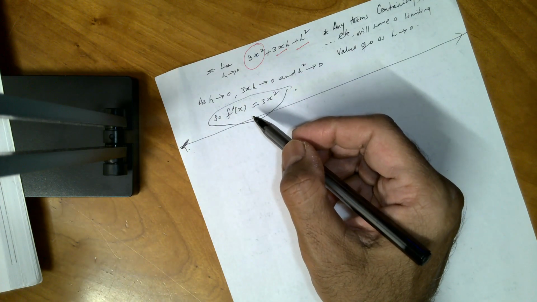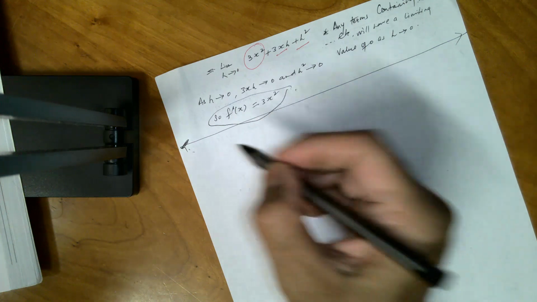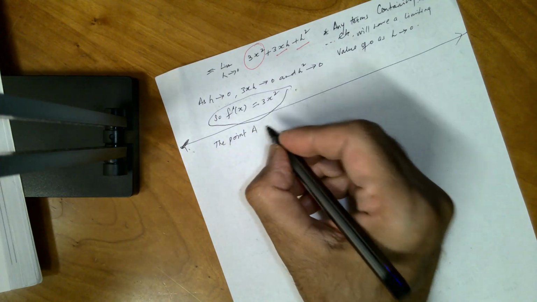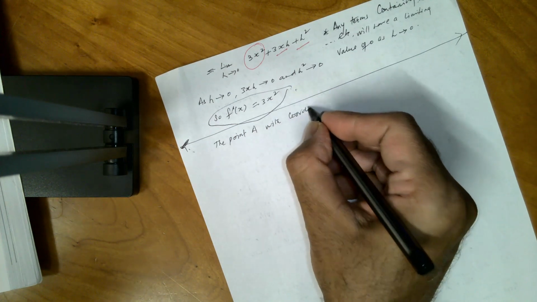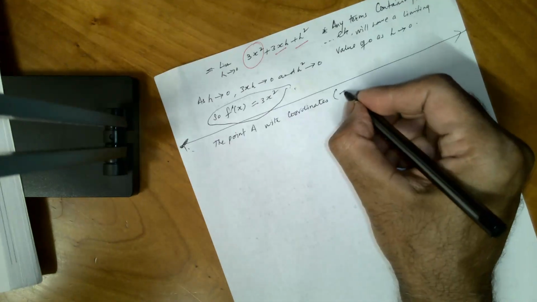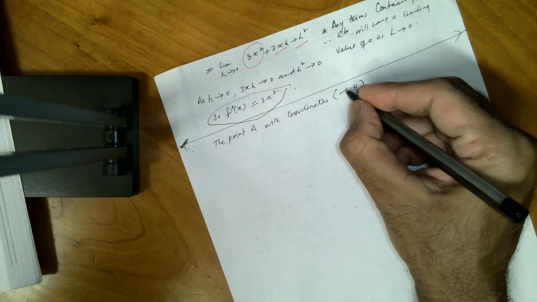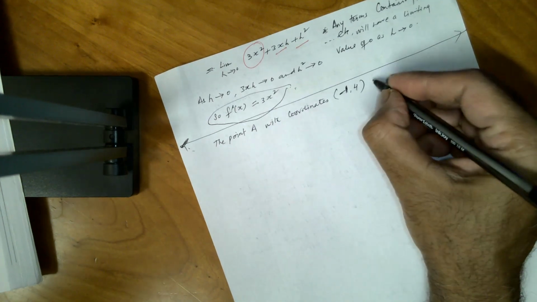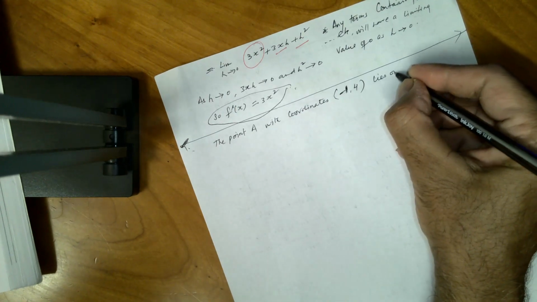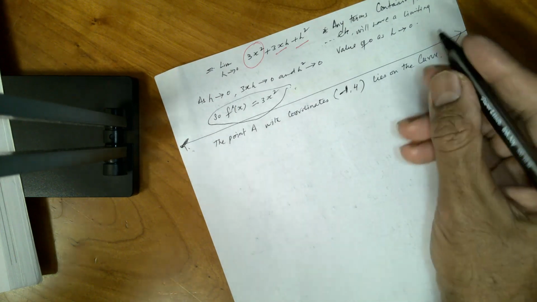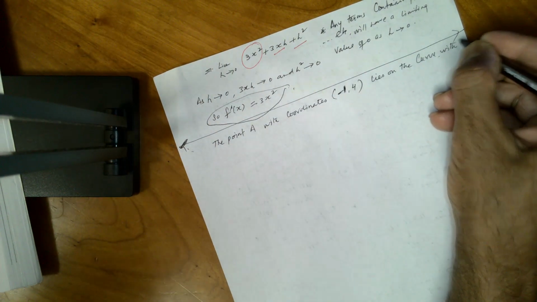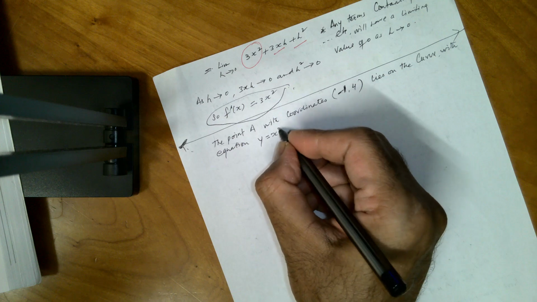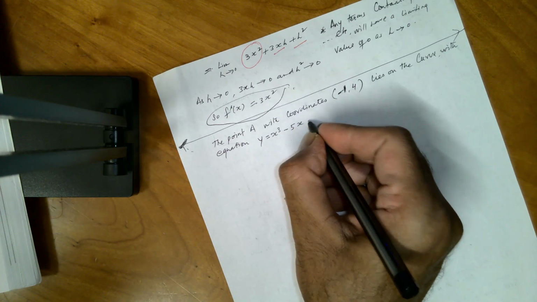The point A with coordinates -1 and 4 lies on the curve with equation y equal to x cube minus 5x.